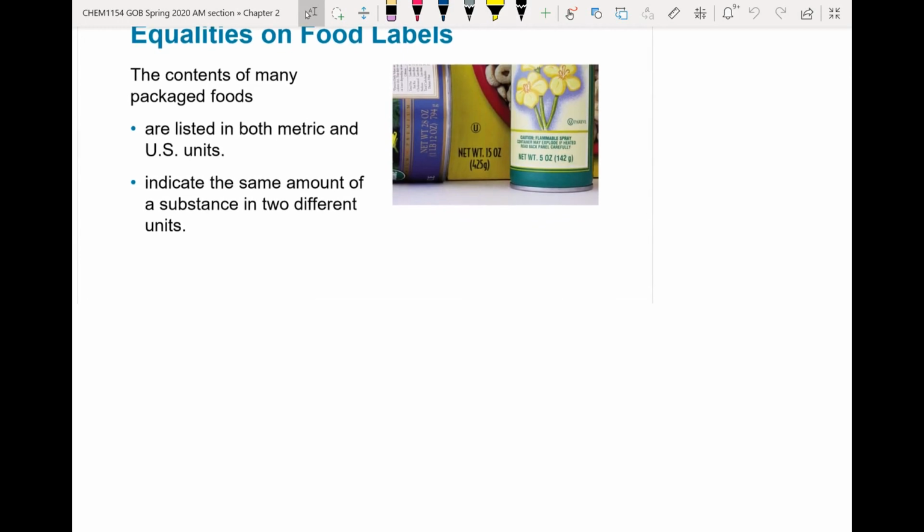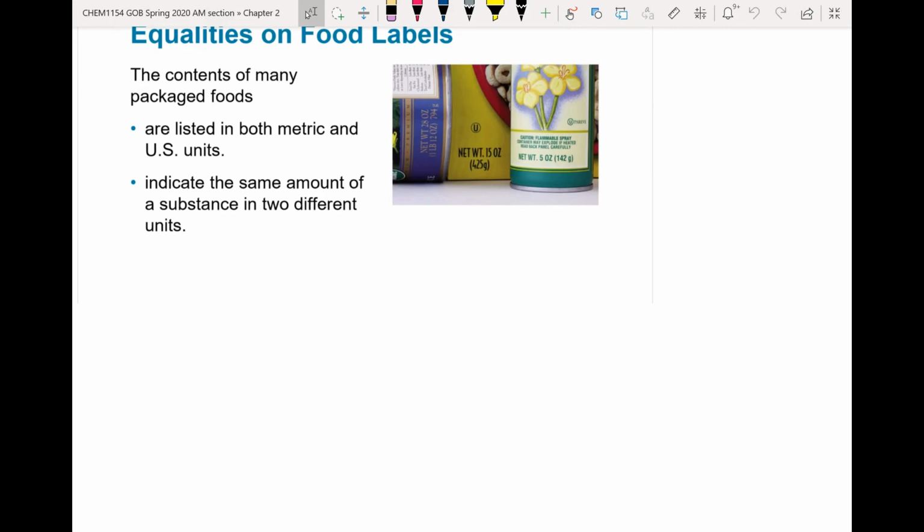So a lot of times, like I mentioned, when you look at the labels on different stuff that you eat or drink, it gives you the amount, not just in the metric system, it also gives it to you in the US system. So, kind of hard to see, but this thing up here tells you the net weight in grams, 142 grams, and it also gives you the weight in the US system, which is ounces.